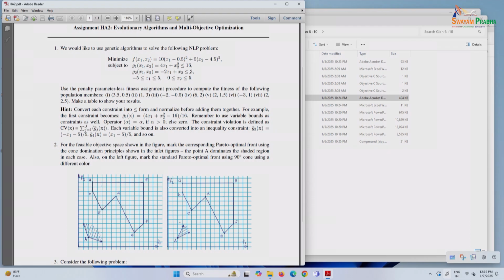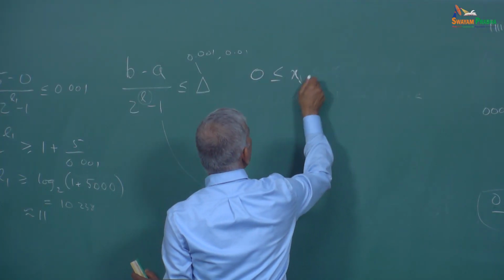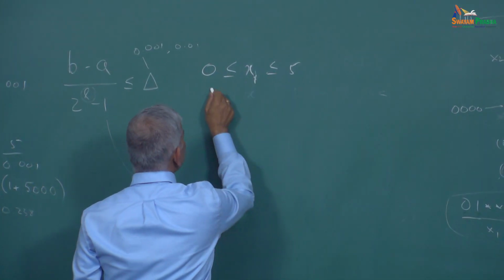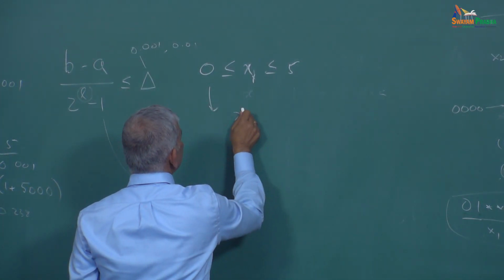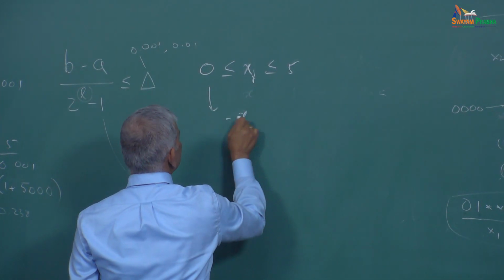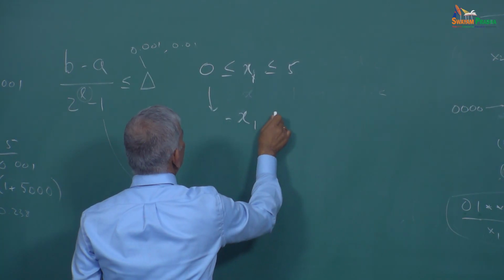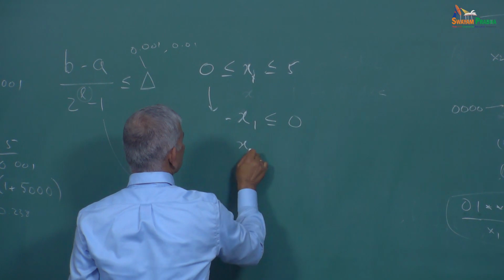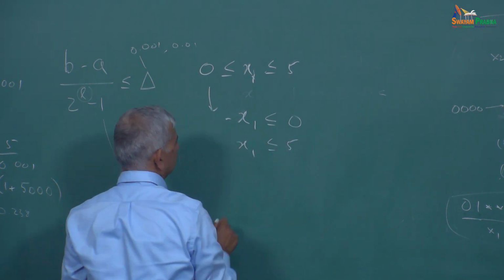So let me explain. Let's say when I have 0 less than x1 less than 5, it's a variable bound, but I can convert this into 2 constraints. One is minus x1 less than equal to 0 and x1 less than equal to 5.